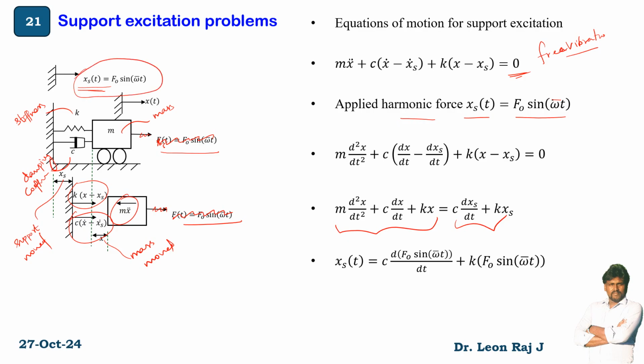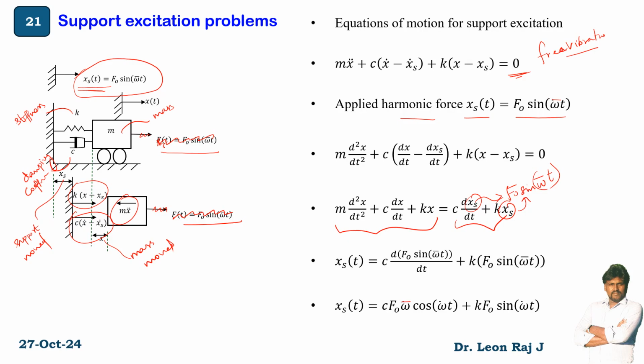Just substitute this here as f0 sine omega bar t. So the right side is c into d by dt of f0 sine omega bar t plus k into f0 sine omega bar t.